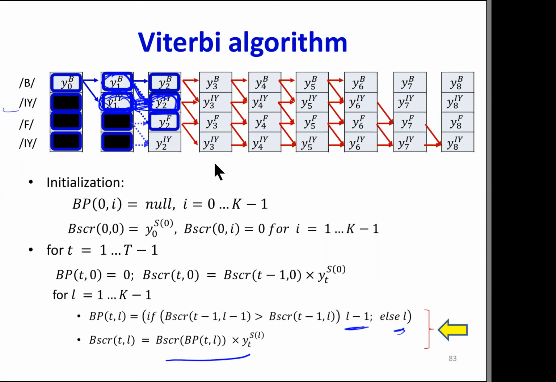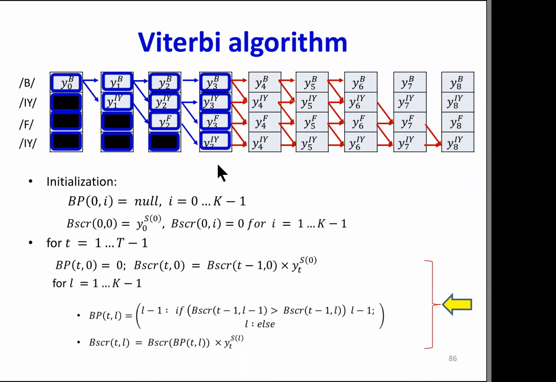So if you go down using that logic, then you're going to find the best parent for every one of the nodes and also the best path score to the node. And you can keep doing this at each column, going left to right. First, you go down the column, and for each node, you find the best parent and maintain a pointer to the best parent.